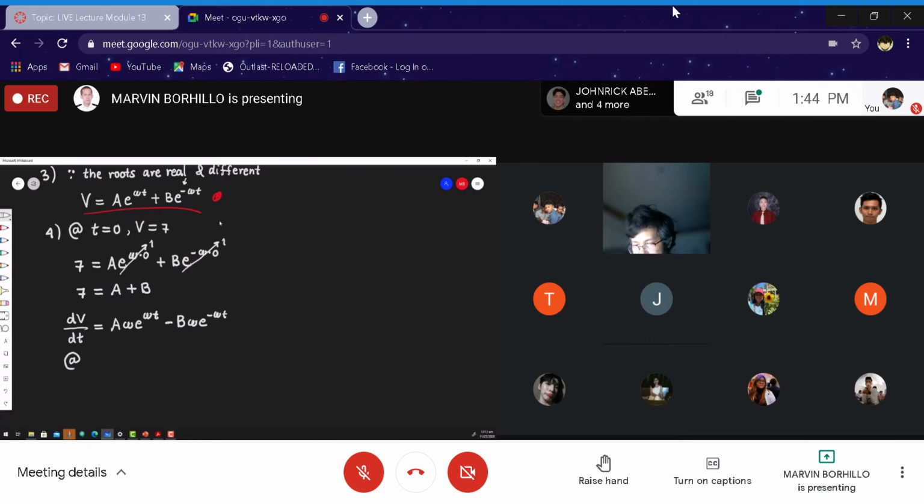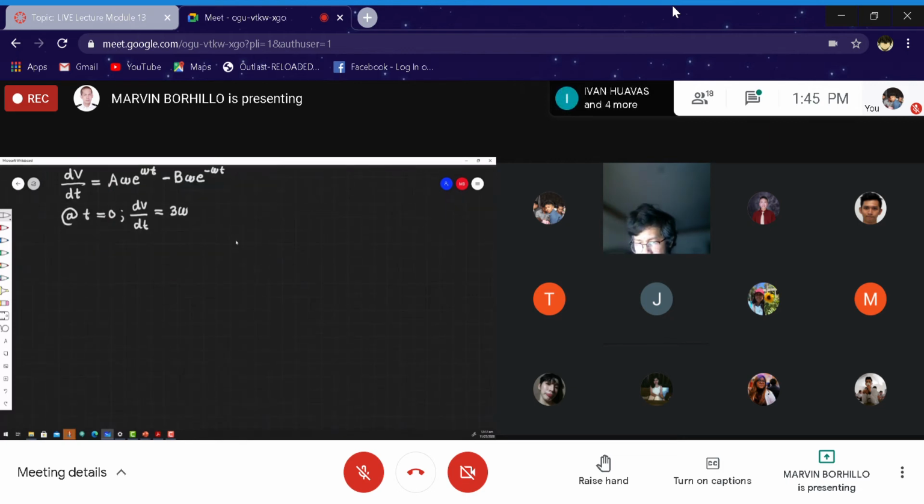At t is equals to 0, dv over dt is equals to 3 omega. Let's substitute the given values.